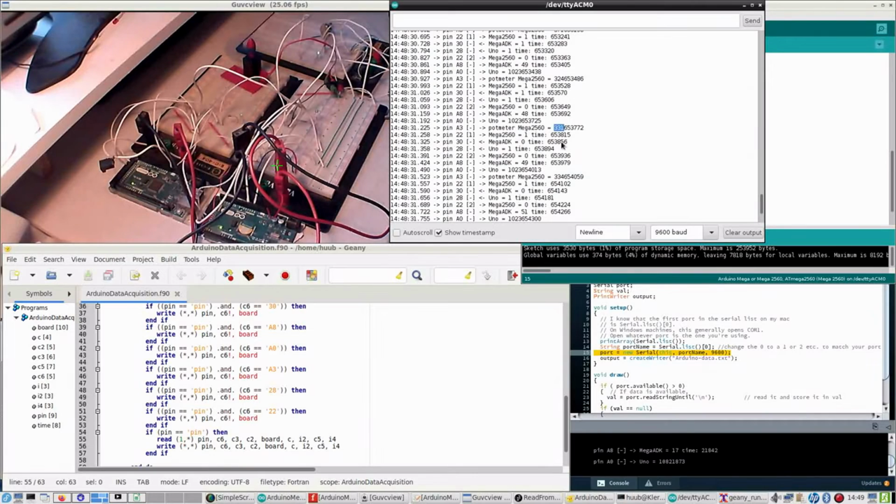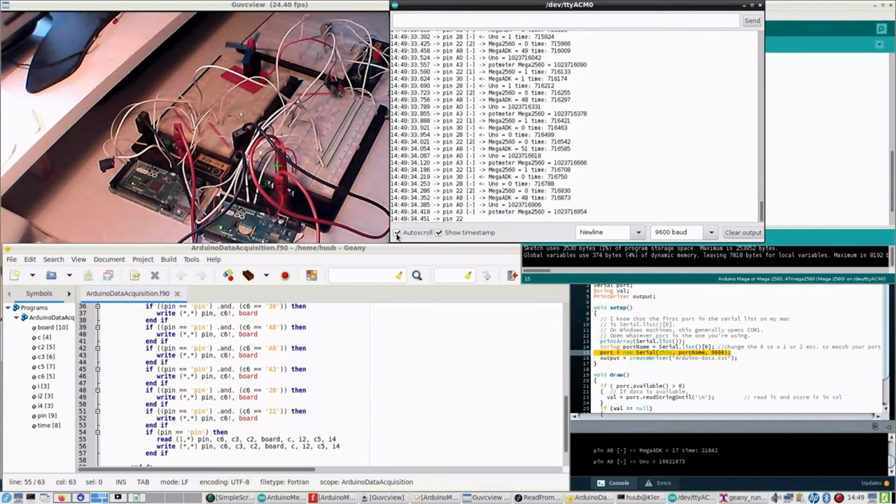Although there's a difference, because if I turn the Potmeter open completely, let's find out what the value now is. This is the value. This has to be ignored. This is the full value.